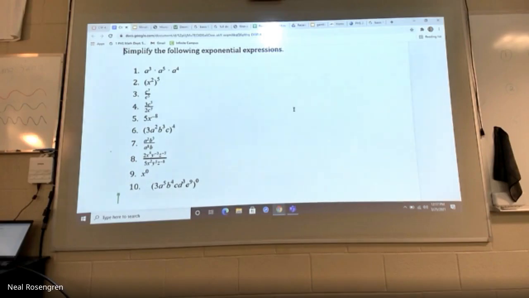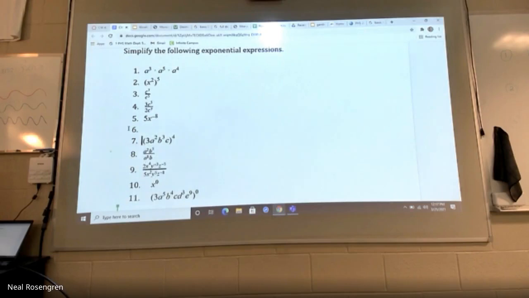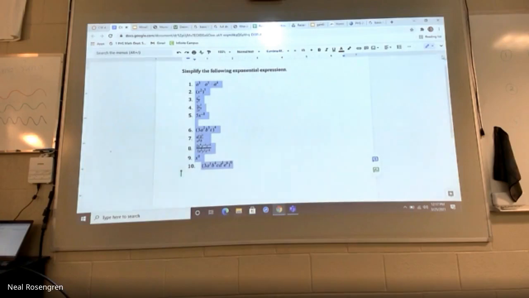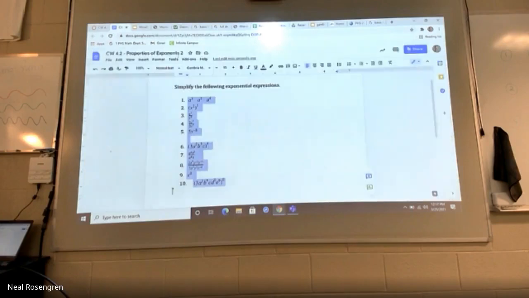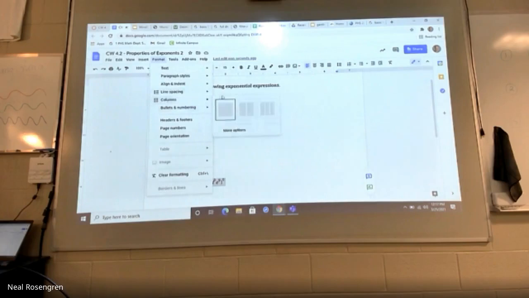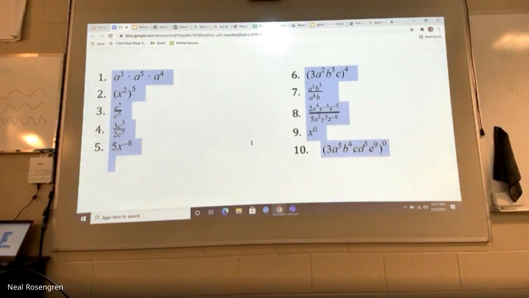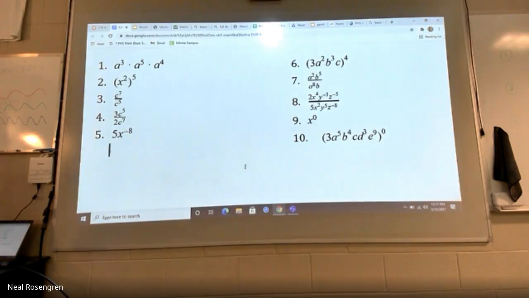But this is due today. Here's what I'm going to do, just to make it so I can blow it up even bigger. I was just going to split it into two columns, and I can move it. Now it's nice. All right, cool.